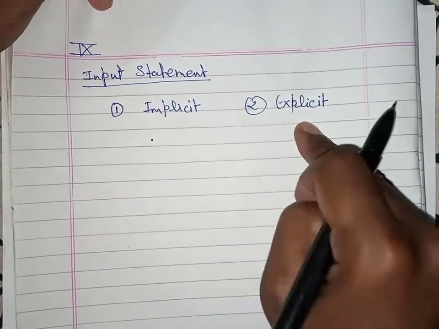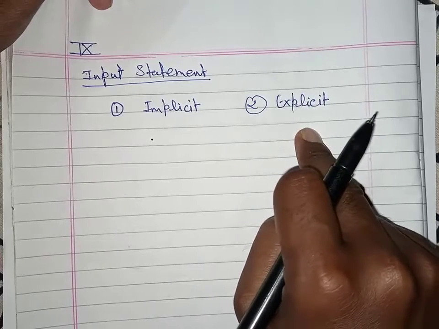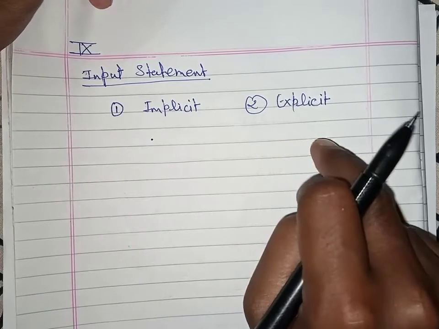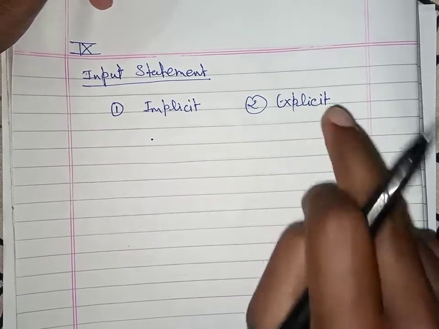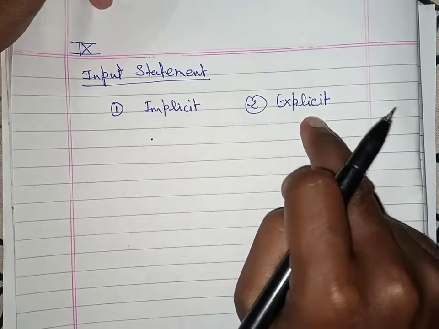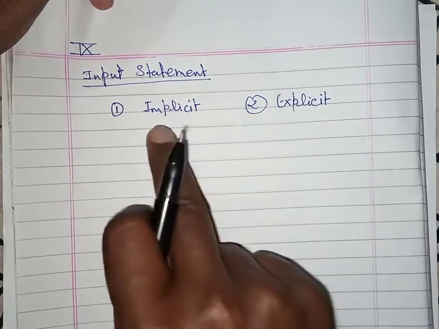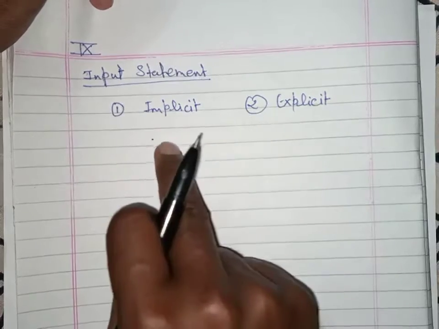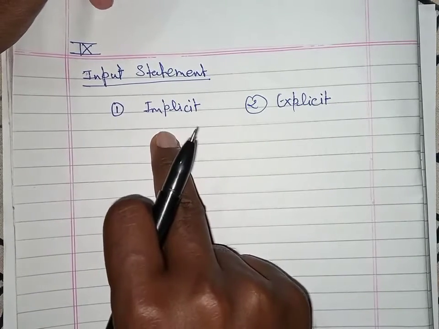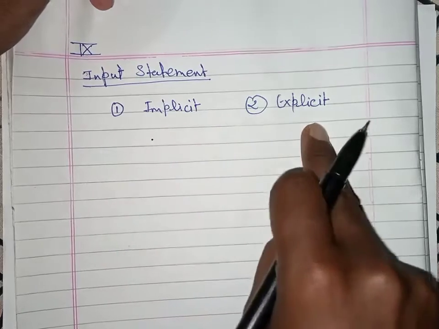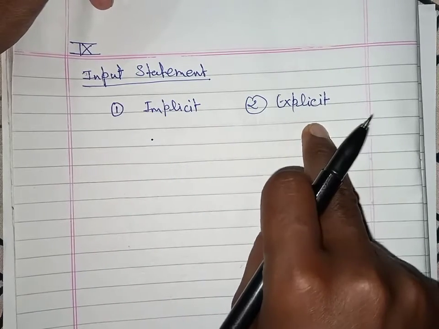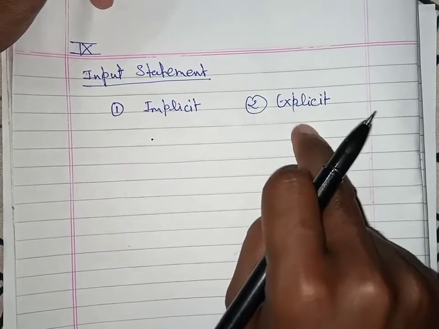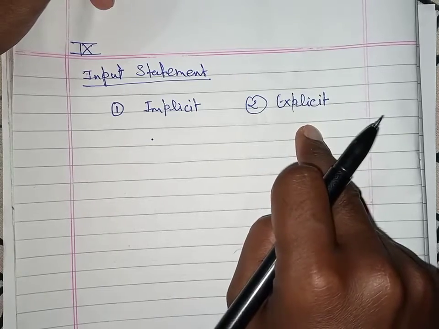If we put the value into the variable in runtime, mind this point, in runtime, then that is explicit. Or you can say, if we put the value directly into the variable, that is implicit. If we put the value into the variable using methods in runtime, that is explicit.